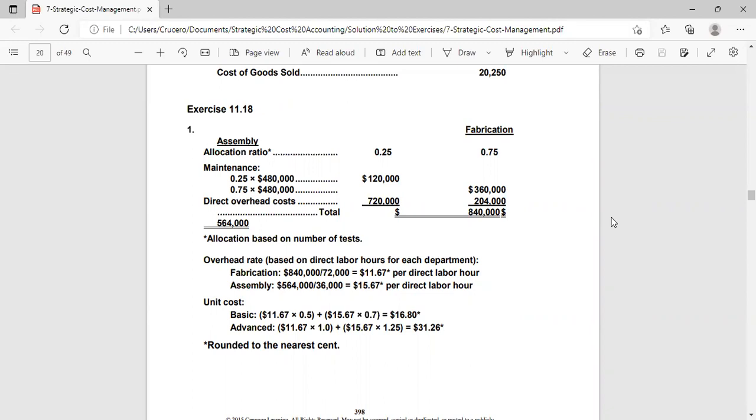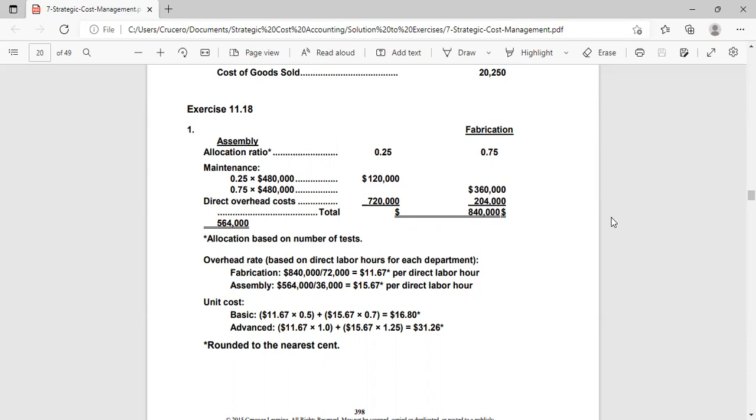Kay masala ka mo. So I'll repeat, ang fabrication, ang iyang pag-allocate anay sang inspection cost. Fabrication, 30 over 120 or 25%. So out of 480, 120,000 will go to fabrication. And 360,000 will go to assembly.